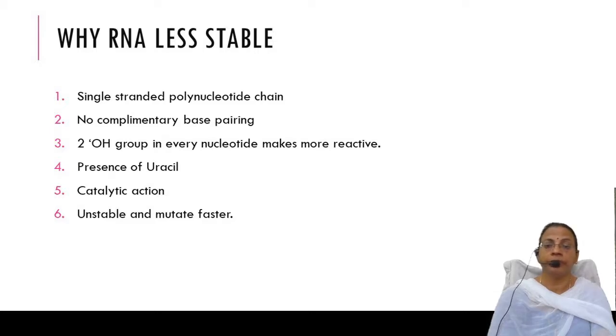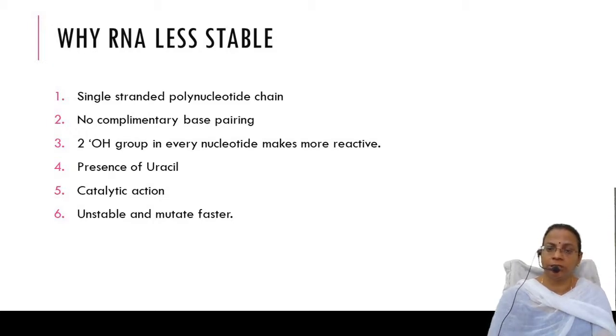The third point: at the pentose sugar, the 2'-OH group in every nucleotide makes them more reactive. OH means they will always have a tendency to bind with other components. And the fourth point is the base sequence. Uracil is present in RNA, whereas methylated uracil is thymine.